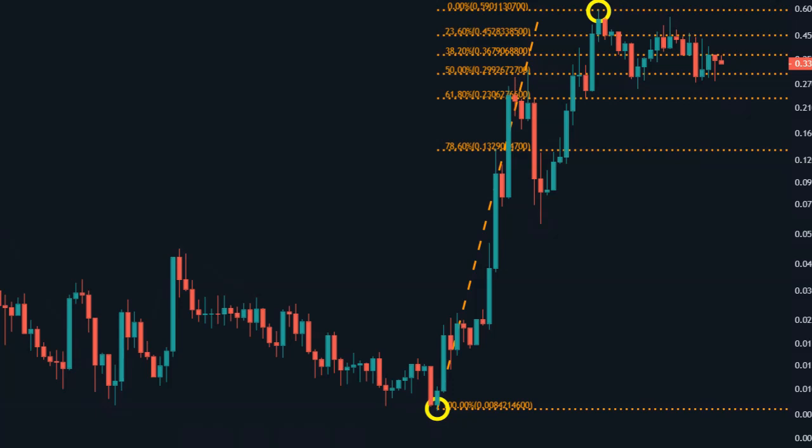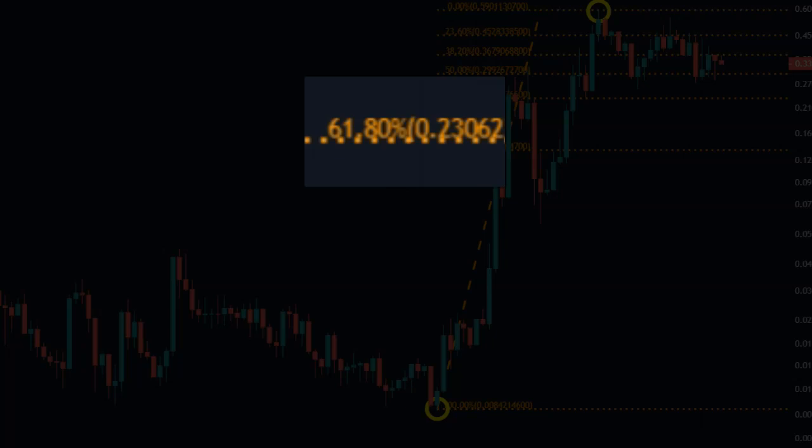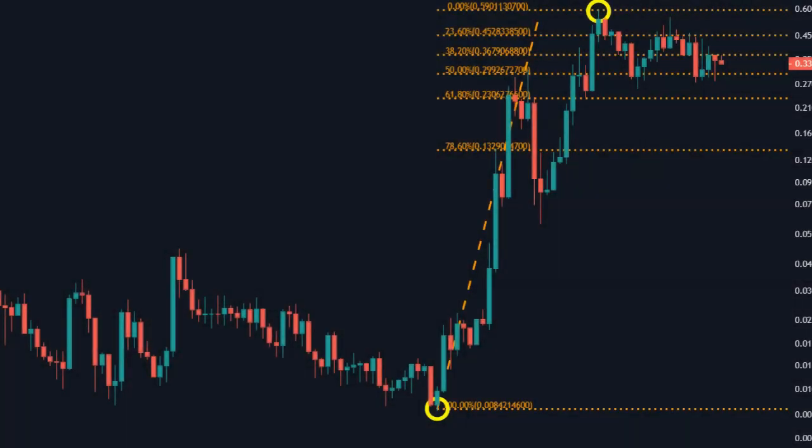Maybe this is enough for Unibright's uptrend to continue, and maybe not. Personally, I would like one more retest of the 61.8%, that is 23 cents, and after that an upward trajectory.